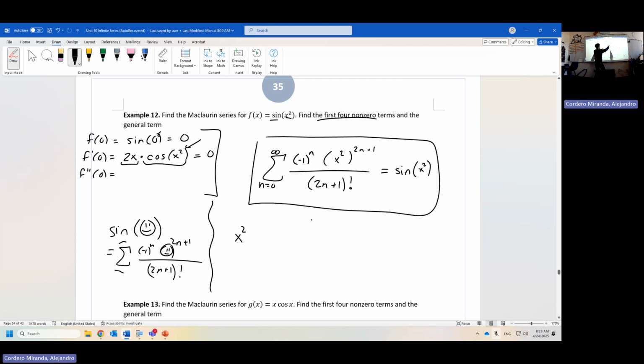Well, let me go off to the side: (-1) to the 0 times x squared to the 2 times 0 plus 1 over (2 times 0 plus 1) factorial. So this part is +1. This part is 0 plus 1, so x squared to the first, which is just x squared, over 0 plus 1 factorial. In other words, that's just x squared.